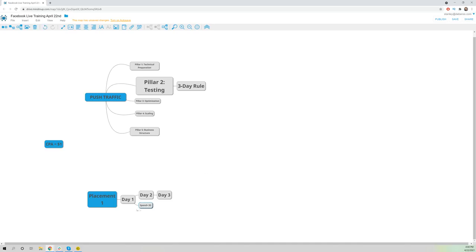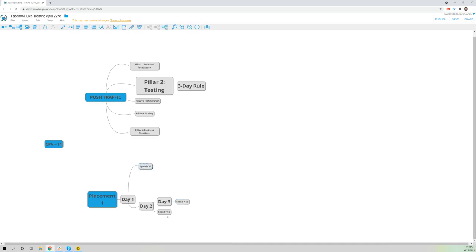All right, because 3 times CPA, 3 times $1 is $3. So on day 1, we are spending $3. And the same goes for day 2. Spent is $3. And the same goes for day 3. Spent is $3.